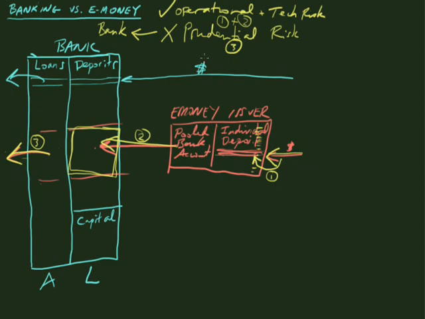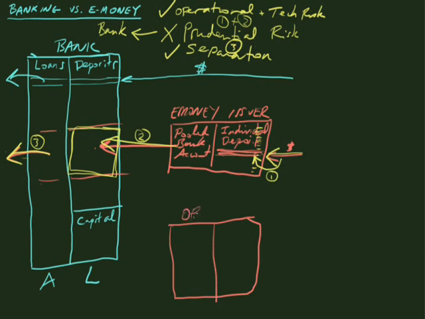And the third aspect regulators need to worry about is the principle of separation between the e-money issuer as an e-money issuer and the operating company that is behind it. So here we can put the operating company, which might be PayPal as a company, or maybe the mobile operator. And on its asset side, the mobile operator will invest money in loads and loads of antennas as they cover the country.